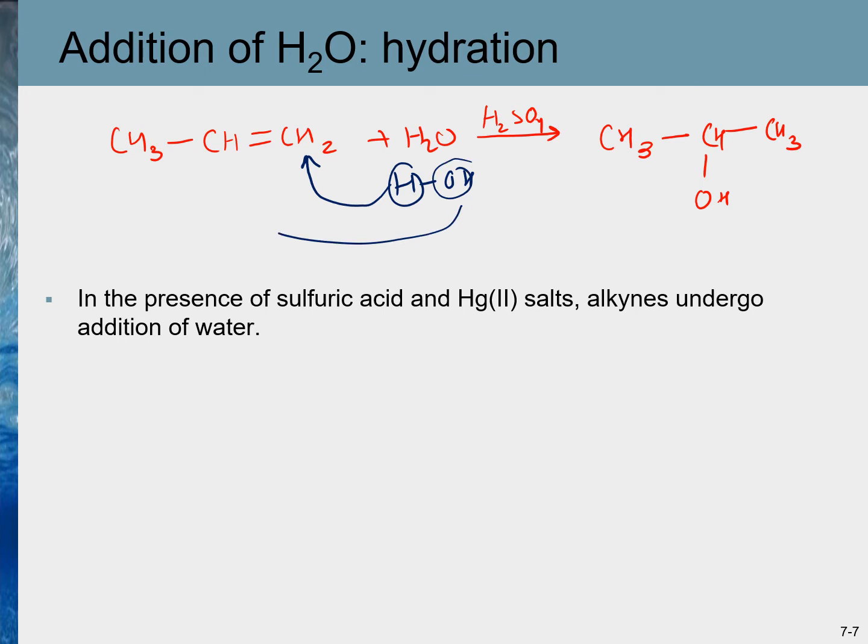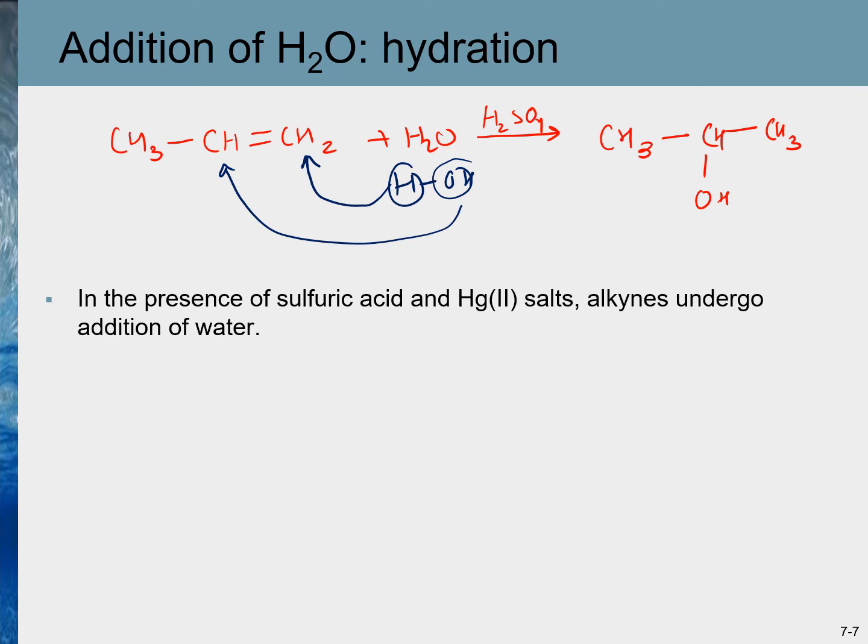So this kind of addition is known as Markovnikov's addition. So a hydration reaction is a regioselective reaction. Alkynes also undergo similar hydration reaction with water. However, along with the sulfuric acid, mercury 2 salts are also used as a catalyst.